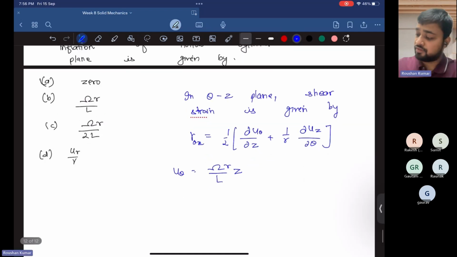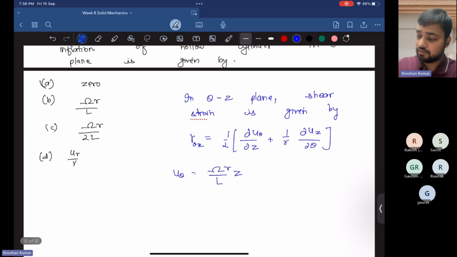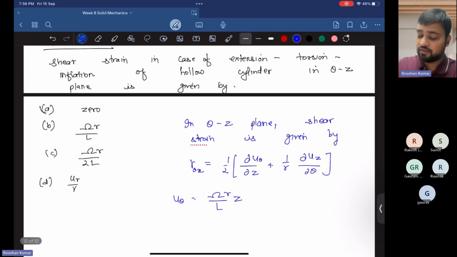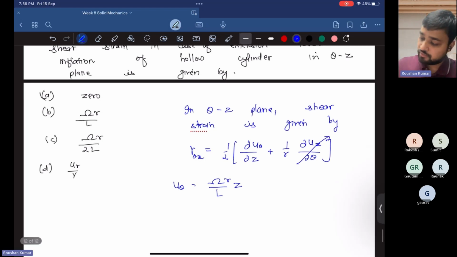Okay, and if we assume that there is no warping of the cross section, so uz is independent of theta, this term will cancel out, and only that term will remain.